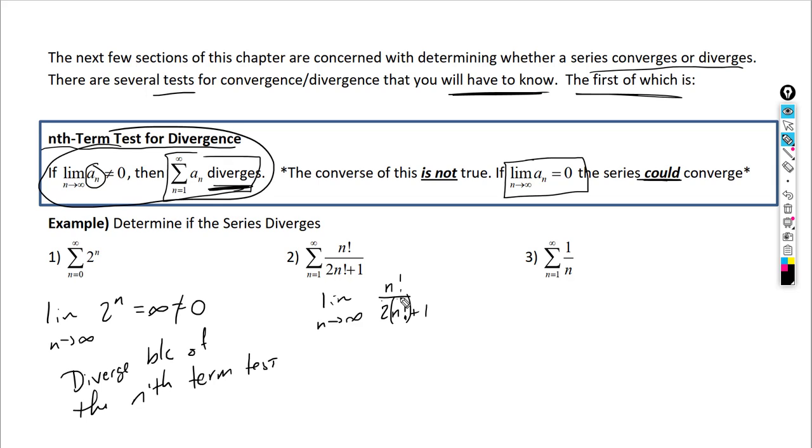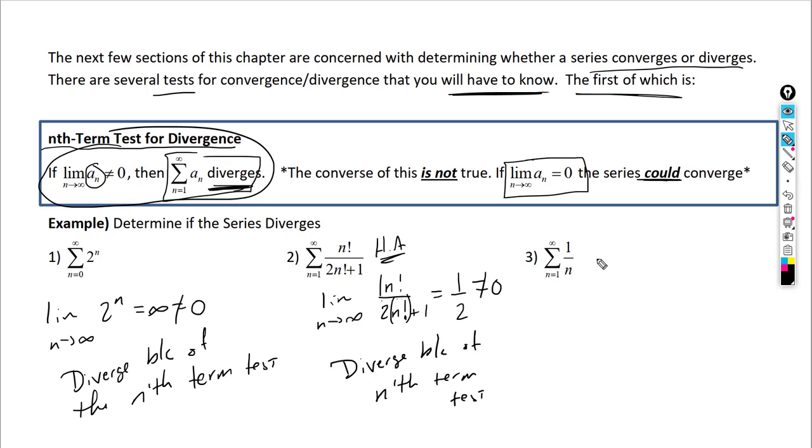N factorial over n factorial, they're going to grow at the same rate. So I take the coefficients, which is the horizontal asymptote test we talked about in the last section, and this is going to go to a half. And so this is not equal to 0. Therefore, this series is going to diverge because of the nth term test. It's not equal to 0.